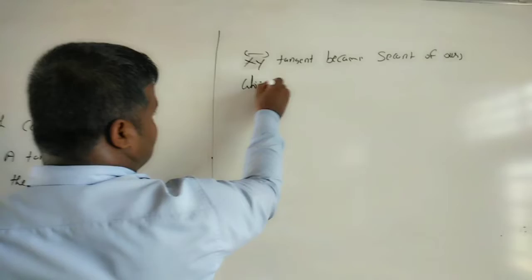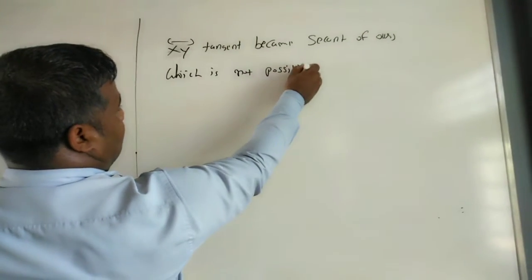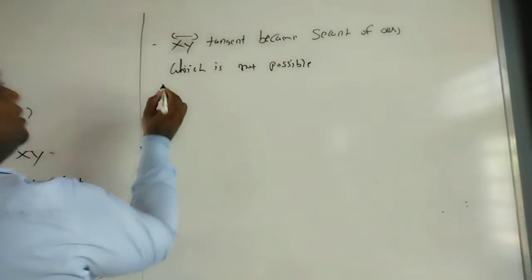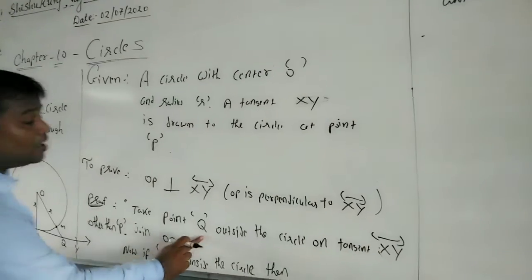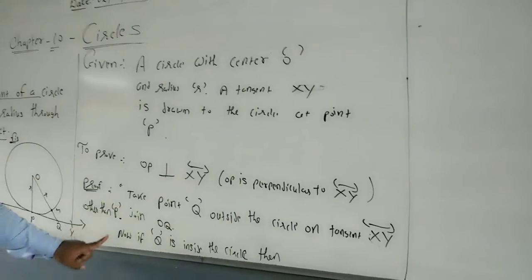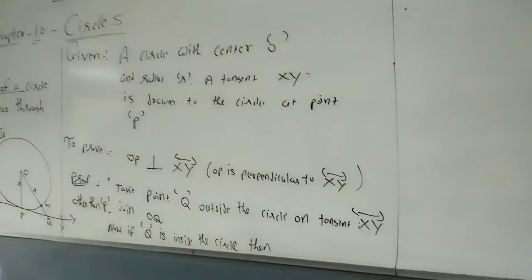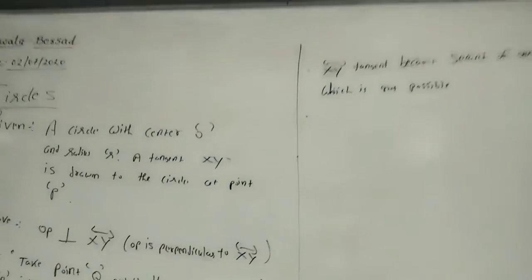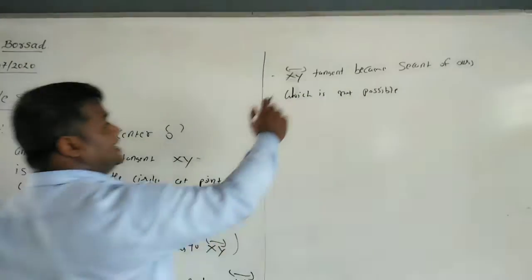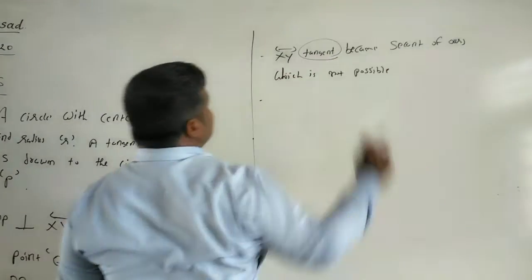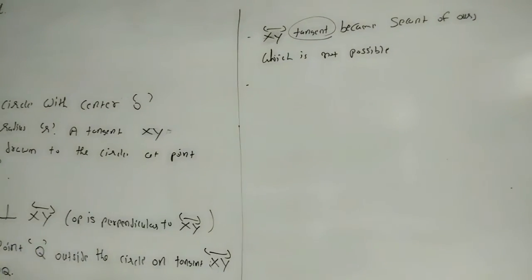The first condition is taking Q outside the circle on XY other than P and joining OQ. If you take Q inside the circle, then XY does not remain a tangent; it becomes a secant, which is not possible.